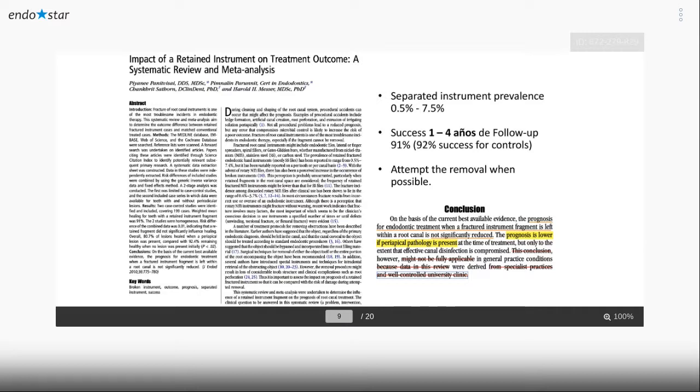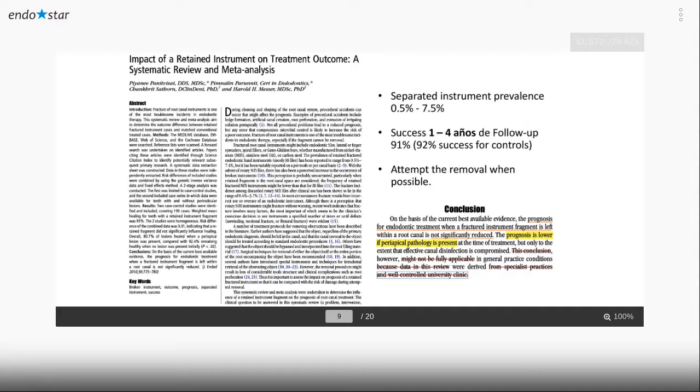It means that every endodontist, every dentist around the world is at risk of breaking a file. It has been a problem since the beginning of root canal treatments, and we're still facing that type of situation.